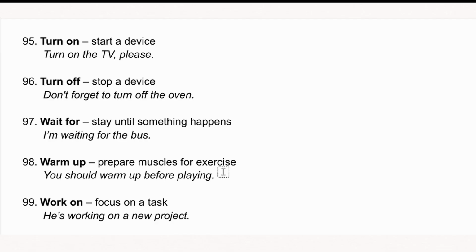You prepare your muscles for exercise. You should warm up before playing. And it's very important for those who go to the gym. To work on. This is to focus on a task. He is working on a new project.